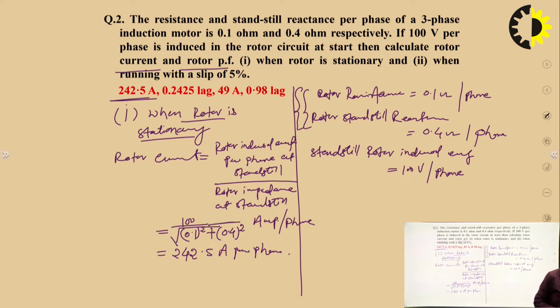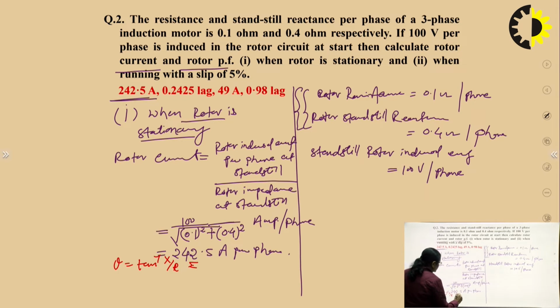Now, let us consider the rotor power factor under the standstill condition. We know the rotor circuit resistance as well as reactance. The rotor power factor angle can very well be determined as theta equals tan inverse X upon R. The X upon R at standstill is given to us as 0.4 and 0.1.